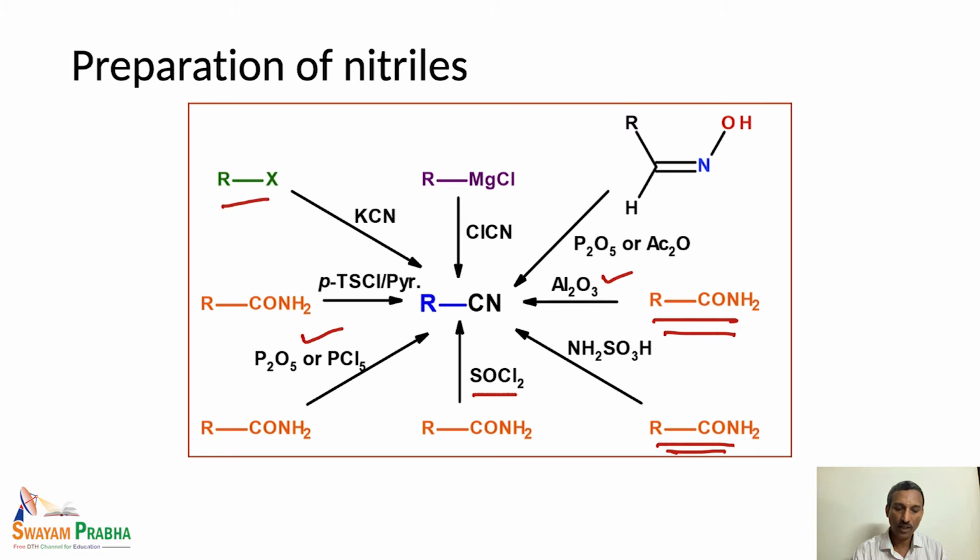Alkyl halides can be treated with KCN to give alkyl nitriles, and the Grignard reagent when treated with cyanogen chloride also gives nitrile compounds. Oximes also can be converted to nitrile compounds. So, this is the overall process, various methods for preparation of nitriles.